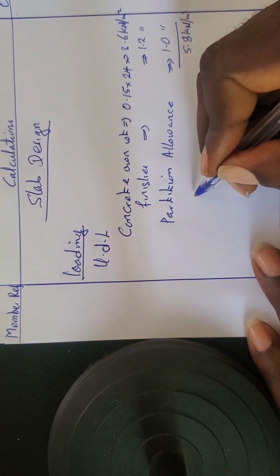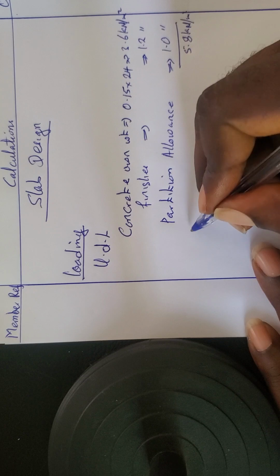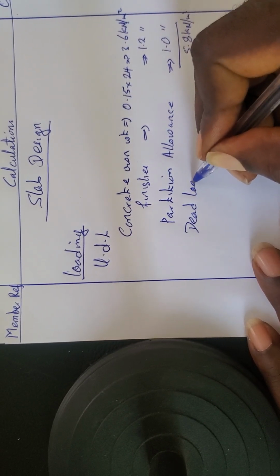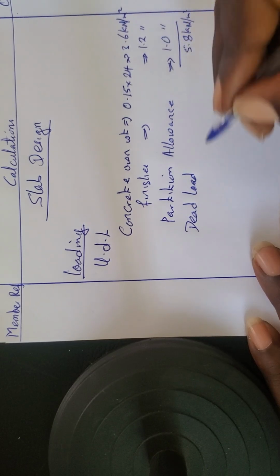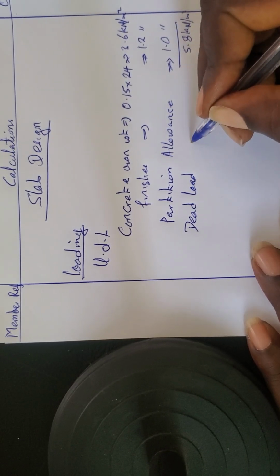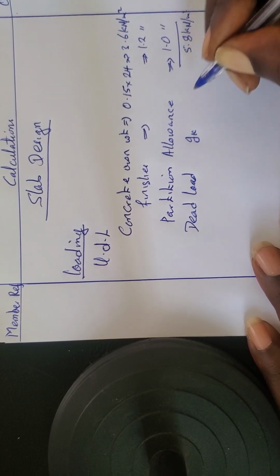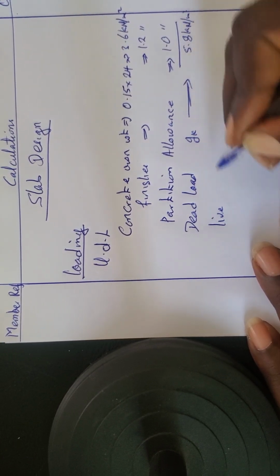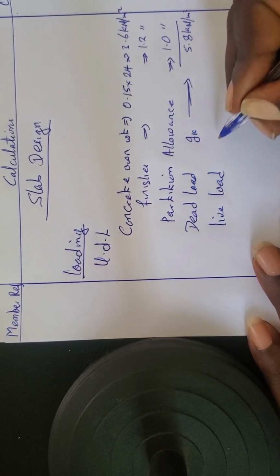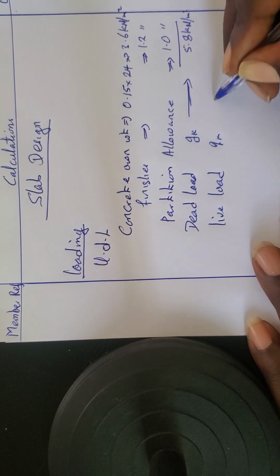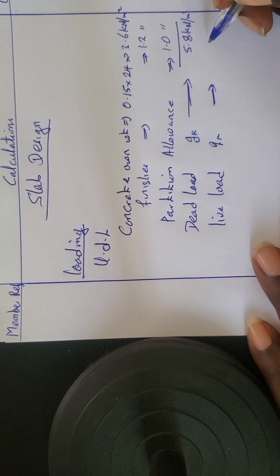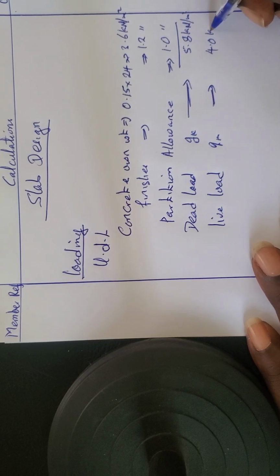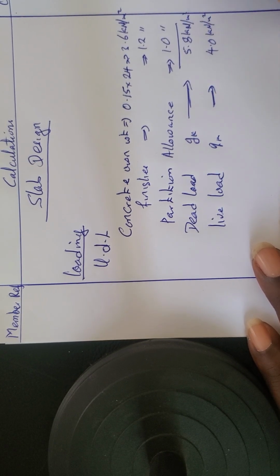This is the dead load. Denote this as GK. That's the dead load. Then for live load, QK. From our previous lesson, we said that we are going to take 4.0 kilonewton per meter square.